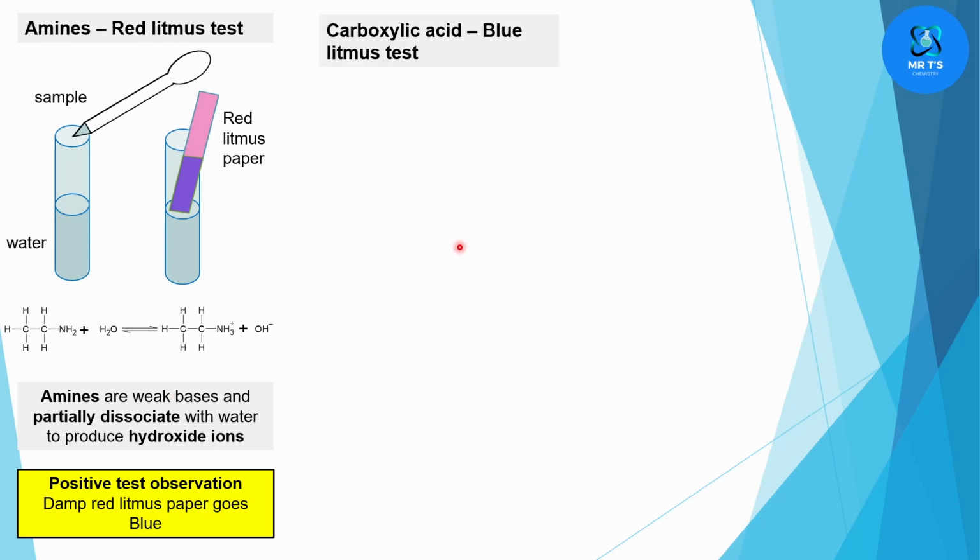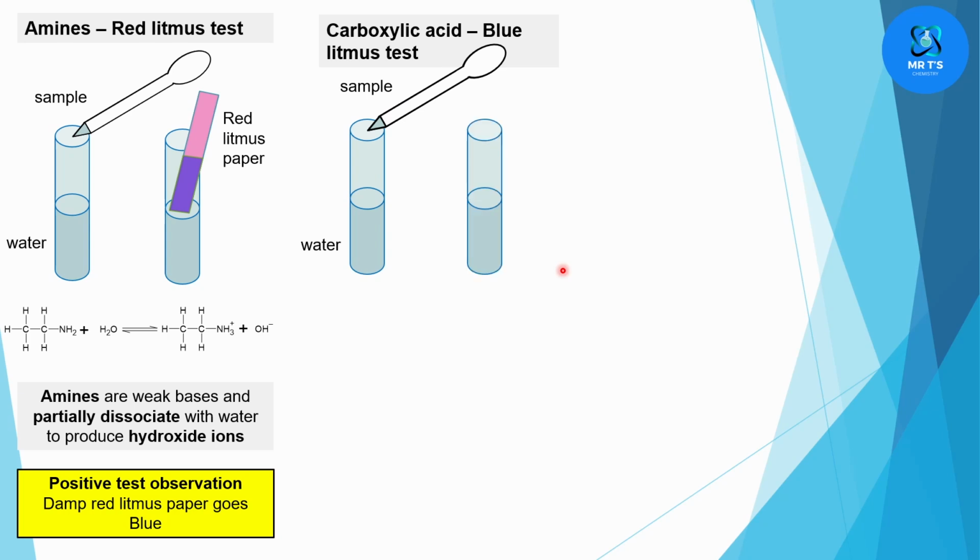If we want to test for a carboxylic acid, we're going to use a blue litmus test. Okay, and we do exactly the same. We take some water, we put our sample in the water, we mix it, we take our blue litmus paper or blue litmus solution, and it will go red if it is an acid. Now again, what's happened here is the carboxylic acid has reacted with water, it's donated its proton and produced the hydronium ion.